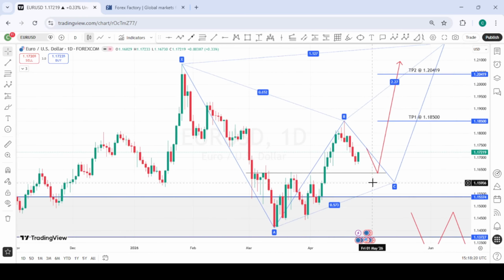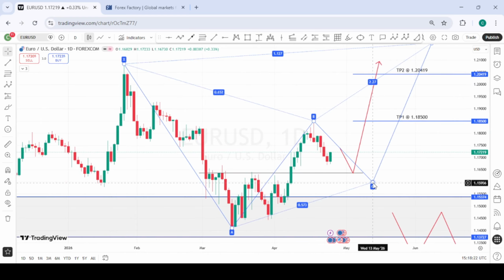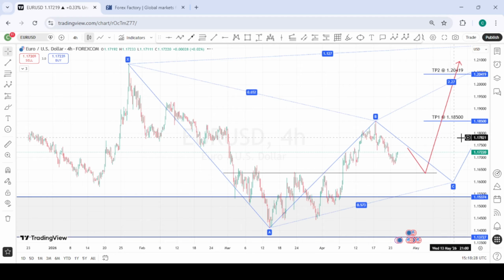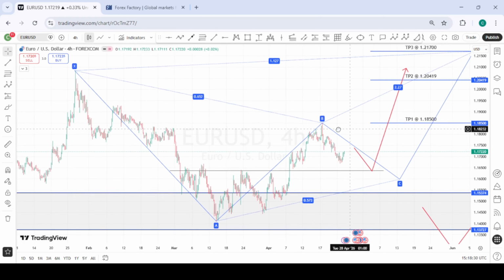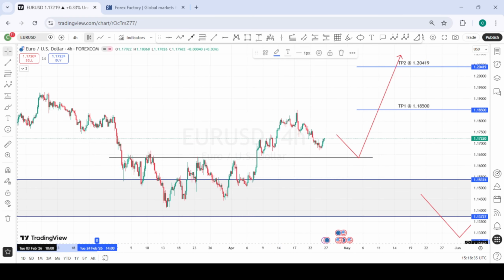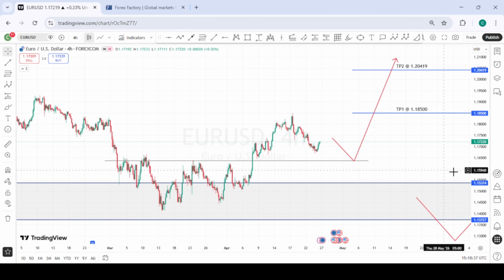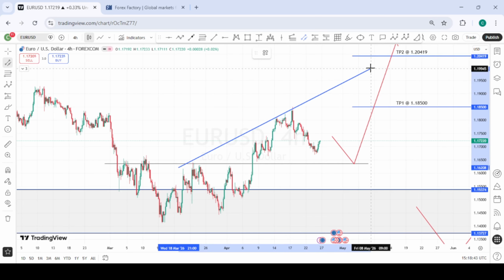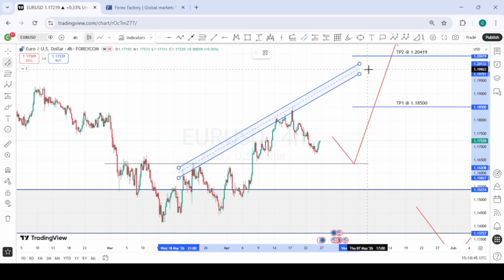So yes, if we're going to consider this as an Elliott wave impulsive wave, then this is likely developing what we call a leading diagonal. So this is the pattern that is likely developing. We are likely seeing this development on EURUSD.